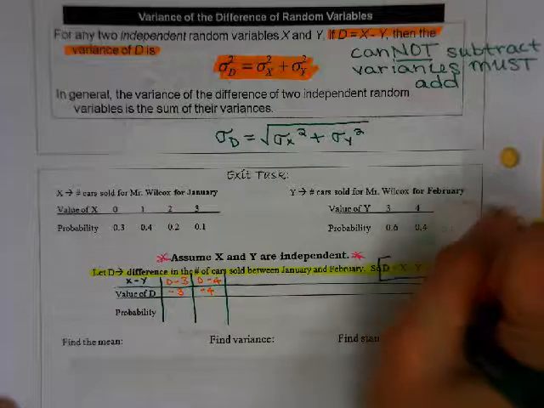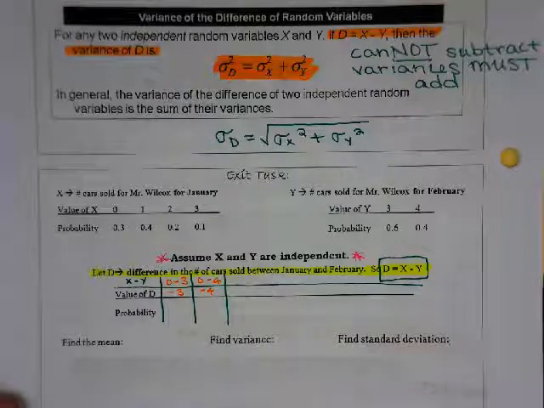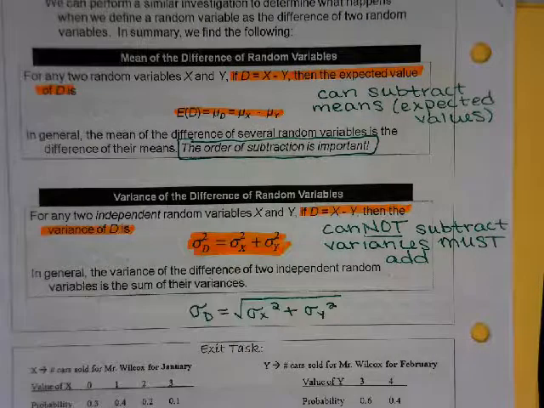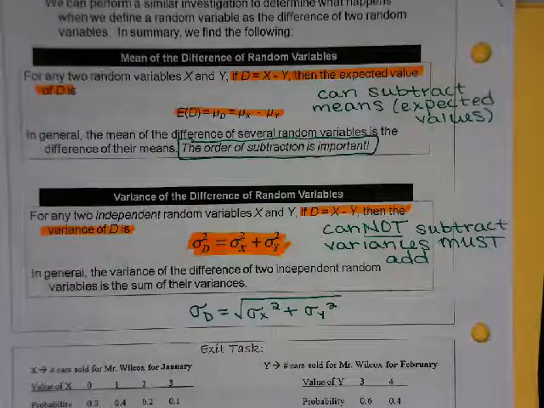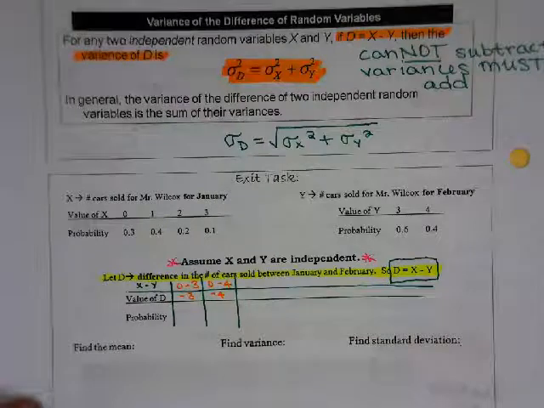That's why up here I said the order of subtraction is important. Because if I did it the other way, I'd get 4 and 3. And then when I do my formula for expected value, I have positives being multiplied by probabilities. And so I'd get a higher expected value than it actually is. So that was not a bad question at all, Sam.